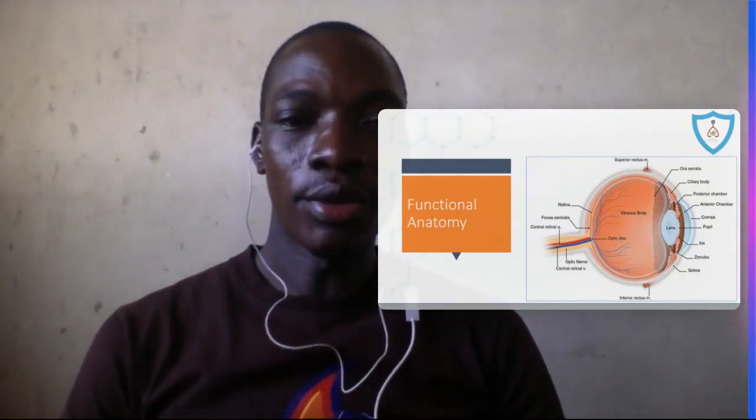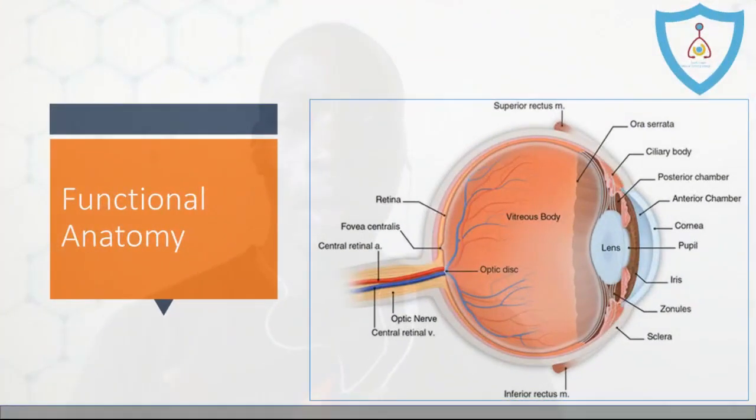So let's jump right into it. This is how the eyeball looks like. And when we talk about the eye, we are going to look at structures of the eyeball, structures that are extraocular, outside the eyeball, that are also very key when it comes to the sense of vision.